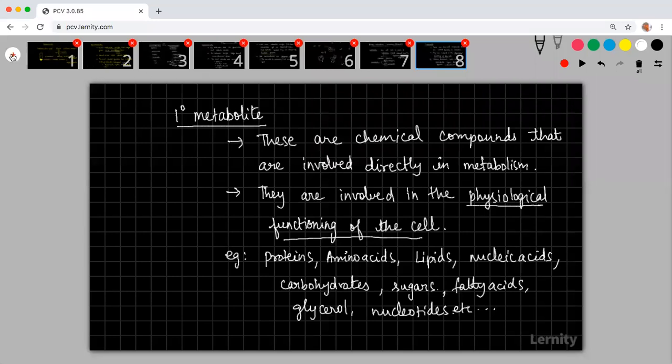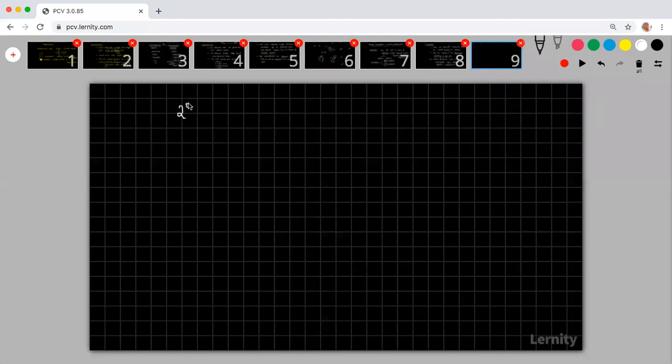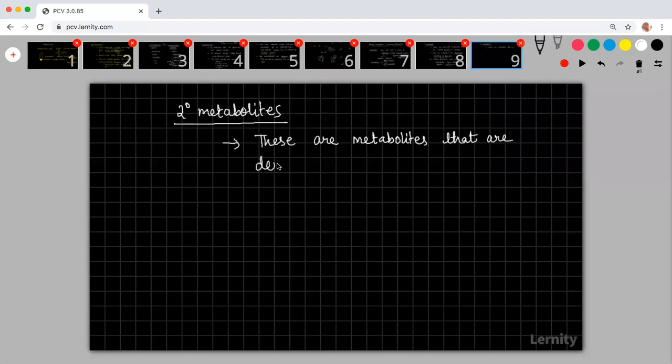Now you have a secondary class which is called secondary metabolites. These are metabolites that are derived from primary metabolites.